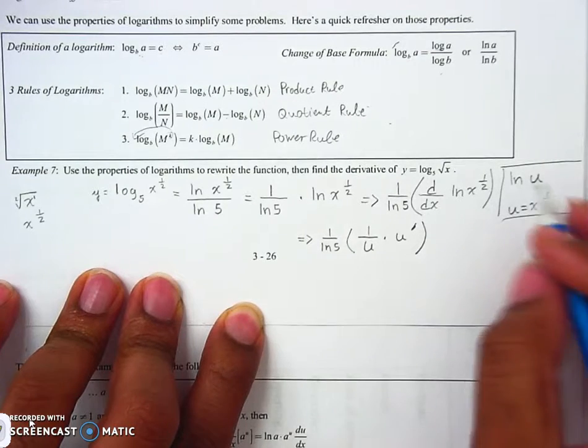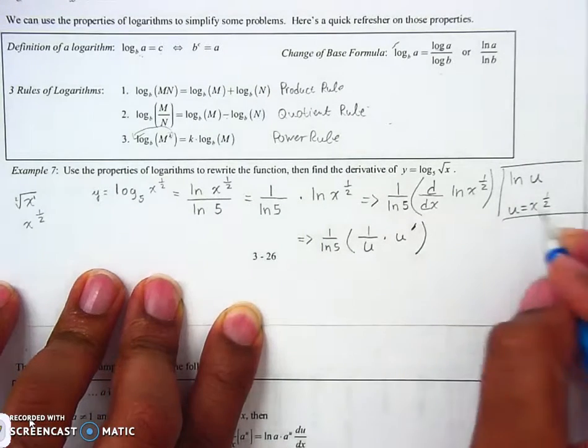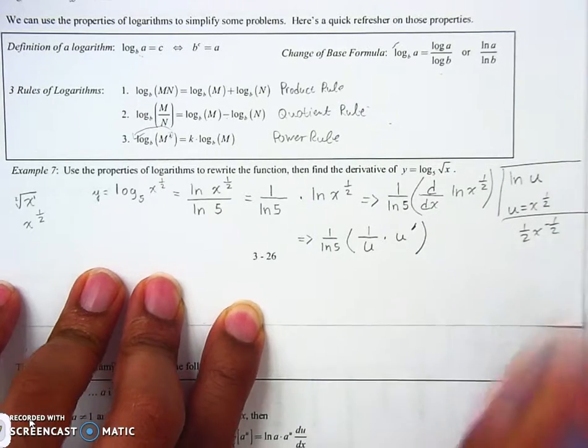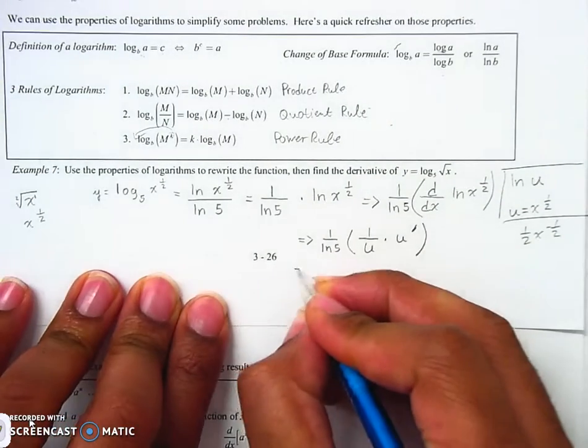The derivative of u is 1/2 x to the negative 1/2 power, and so we substitute the values in.